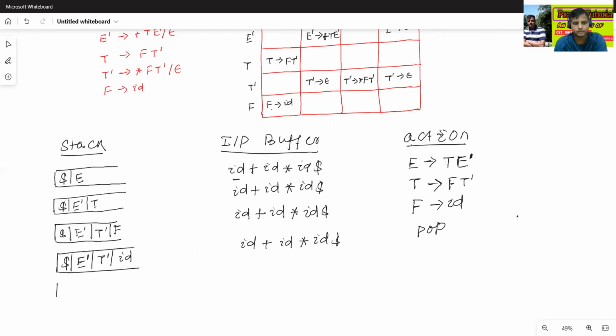So now we'll pop this ID and this ID. The stack has dollar, E prime here, T prime here. The remaining input is plus ID star ID dollar.